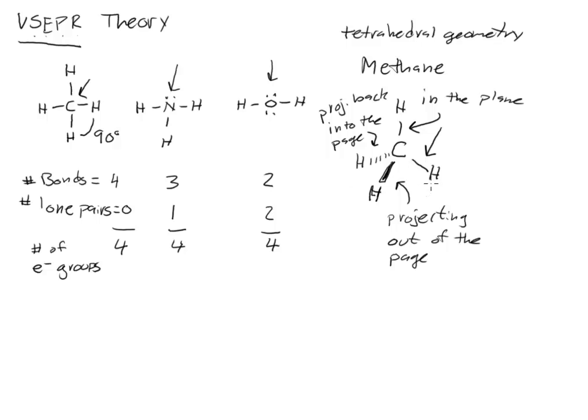And in fact, the bond angle, the HCH angle, equals 109.5 degrees. That's the bond angle between H, C, and H. So you can see that it is greater than 90 over here, as indicated by our flat planar drawing.